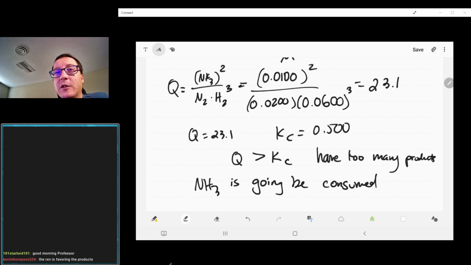We're going to have to use up this ammonia. Our equilibrium is not happy. If it wants to reach equilibrium, it's going to have to get rid of that extra ammonia. So instead of continuing to favor the products, it's going to go backwards and do the reverse reaction, getting rid of some of that ammonia instead.